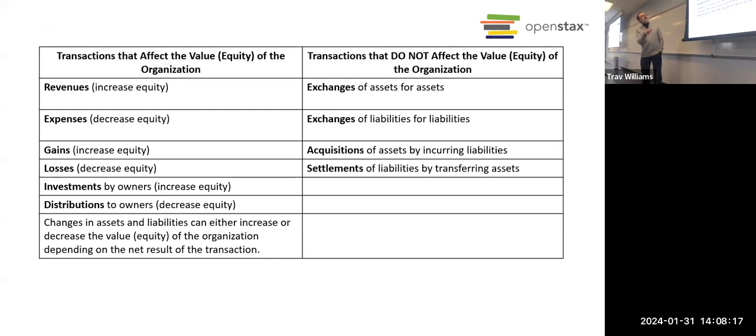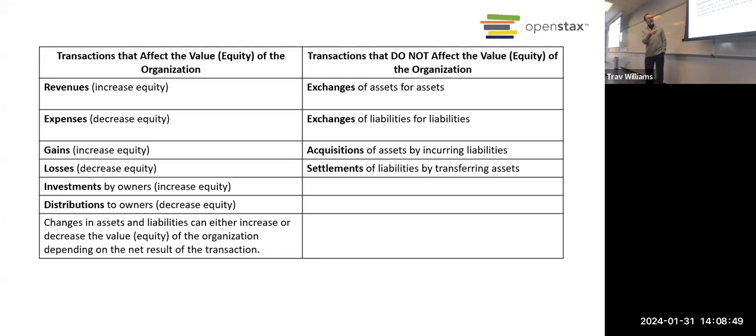So transactions that impact equity. Okay, we know that some things impact equity, some things do not. So revenue increases equity. Anytime we make a sale, that makes us more valuable as a company. Every expense decreases equity. We know gains increase, losses decrease equity, right?